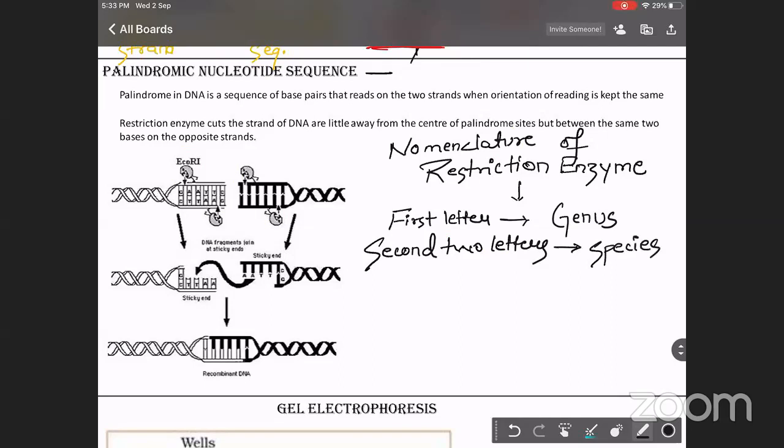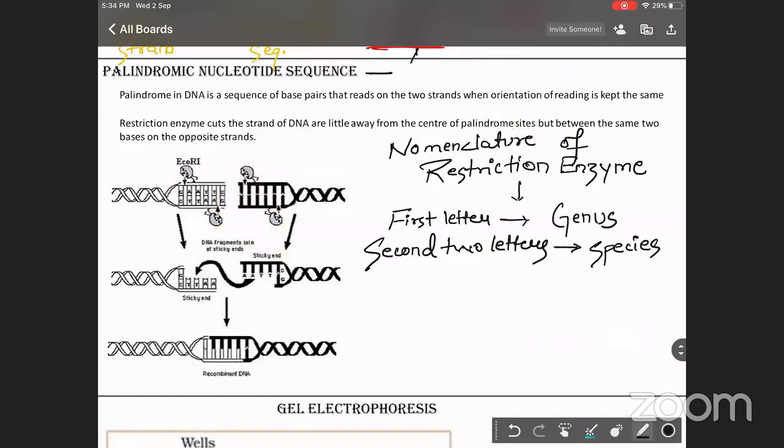I am telling you again that the first letter of the name of the particular restriction enzyme will come from the genus of the organism from which we are getting this restriction enzyme. As we have already discussed, from E. coli we got the two enzymes in 1963. So the genus of E. coli will be the first letter of the particular restriction enzyme.